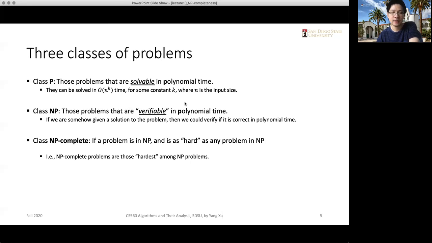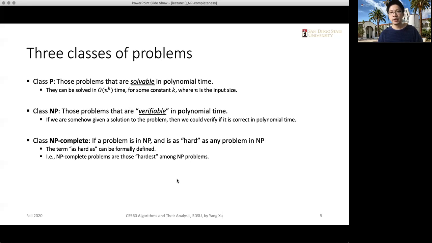Some intuitive understanding of NP-complete is that those are the most difficult problems that we can think of, under the condition that the solution can be verified within polynomial time, but solving it is really hard.